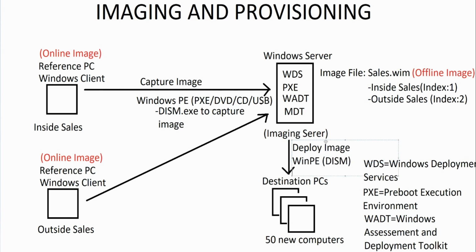So it's basically the same exact thing that you did over here, but instead of a capture command, you'll have a different command that'll be used for deploying this image. All right, it's called apply. Most everybody uses the word deploy, but it's actually called applying an image using DISM.